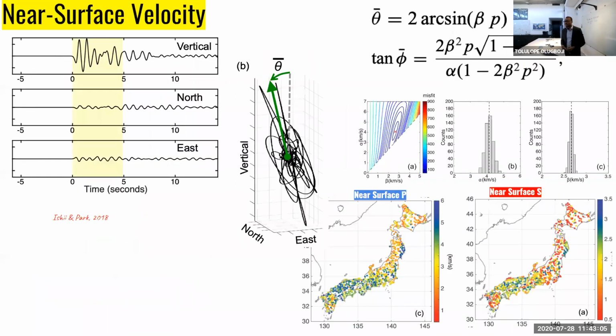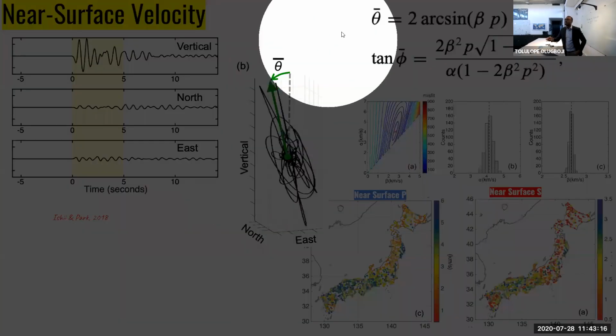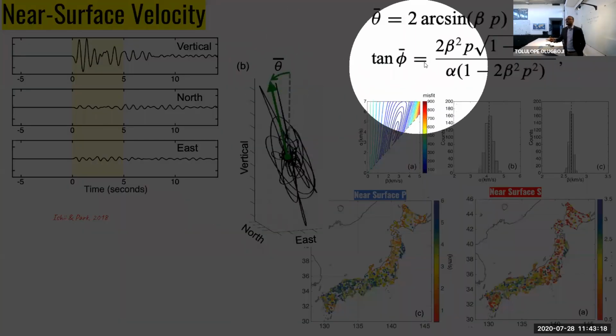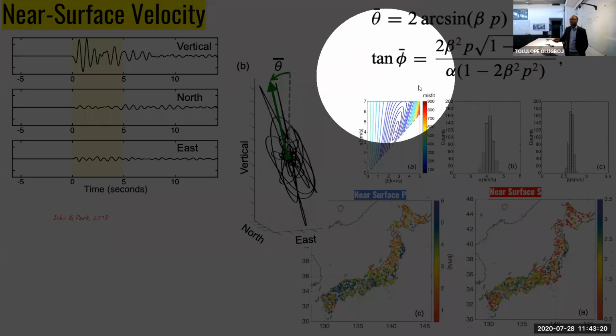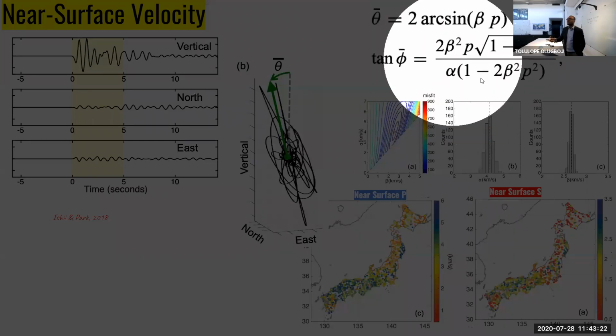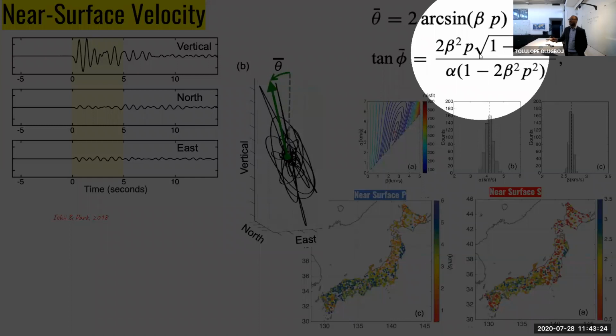Okay, moving ahead. These authors use these measurements to quantify near surface velocity, because it turns out that the apparent incidence angle of the P wave, theta bar, and the apparent incidence angle of the S wave, phi bar, have a special relationship with shear velocity and compressional velocity in an isotropic media.